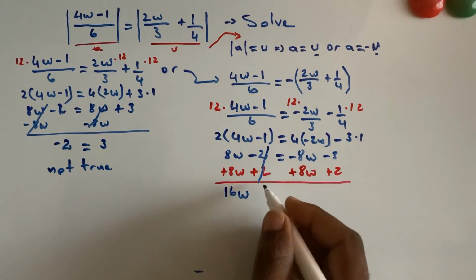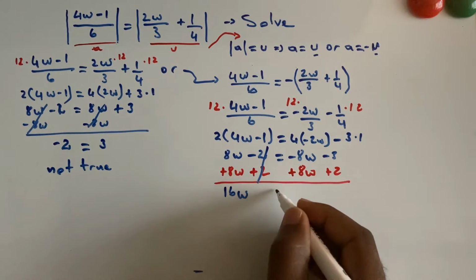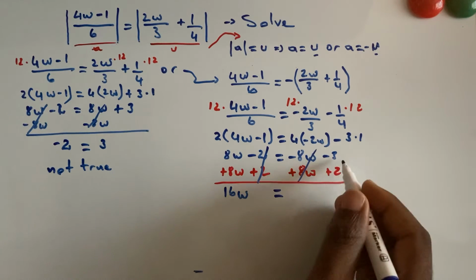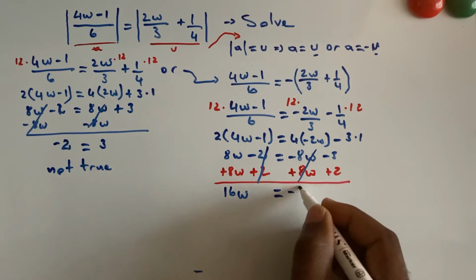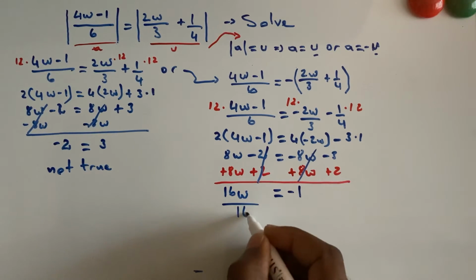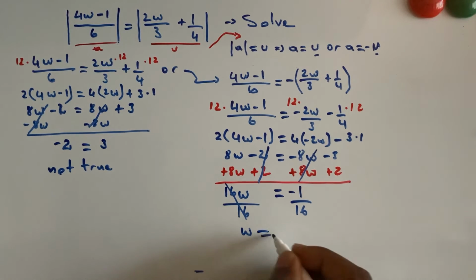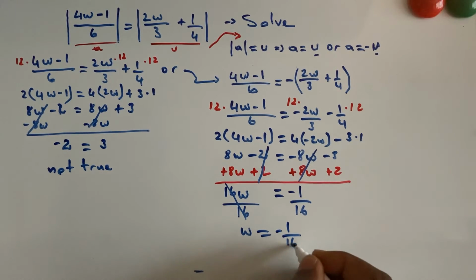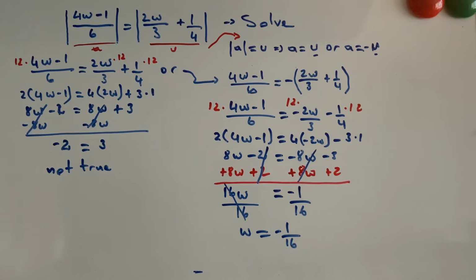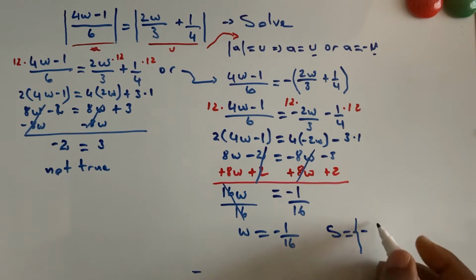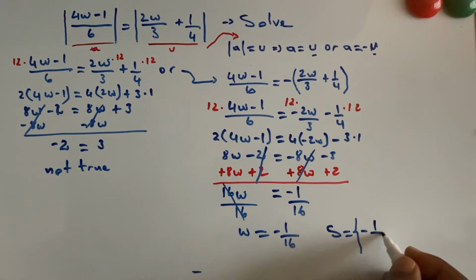And we cancel 2 out, because negative 2 plus 2 is 0, equals negative 8w plus 8w, that's 0. Negative 3 plus 2 is negative 1. And we divide both sides by 16. So w is negative 1 over 16. And you can check this answer. This is the solution. So you say the solution to this equation is negative 1 over 16.